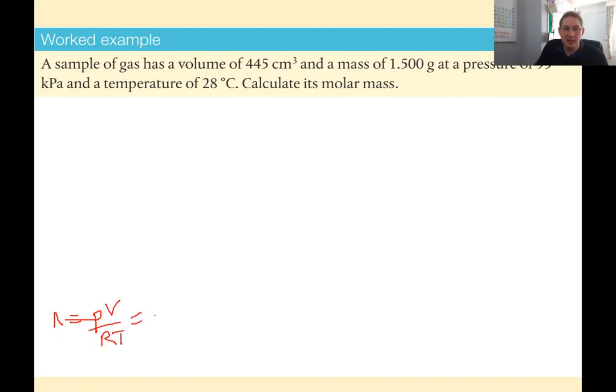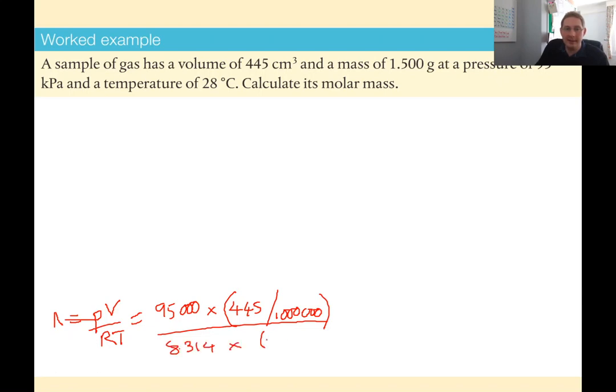The pressure, again, make sure we put it into pascals, 95,000. The volume is given in centimeters cubed, 445, divided by 1,000,000 this time, because we need to put it into meters cubed, over R, 8.314, times the temperature, again 28 plus 273, and that will give us the number of moles of gas.